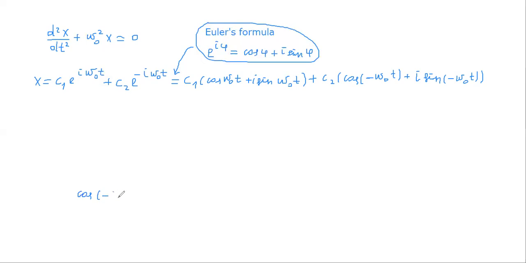Cosine of minus x is equal to cosine x, and the sinus of minus x is equal to minus sinus of x.